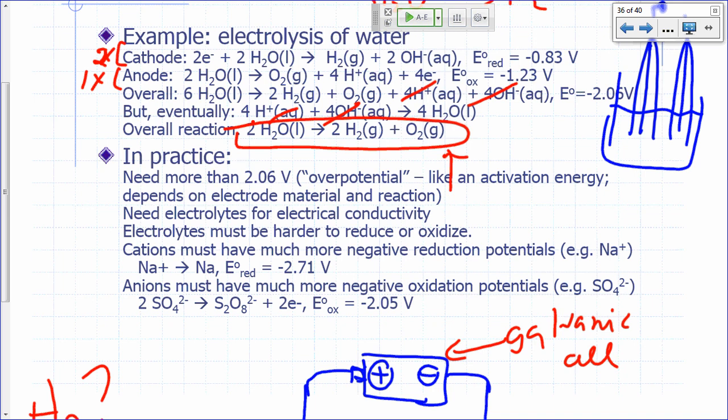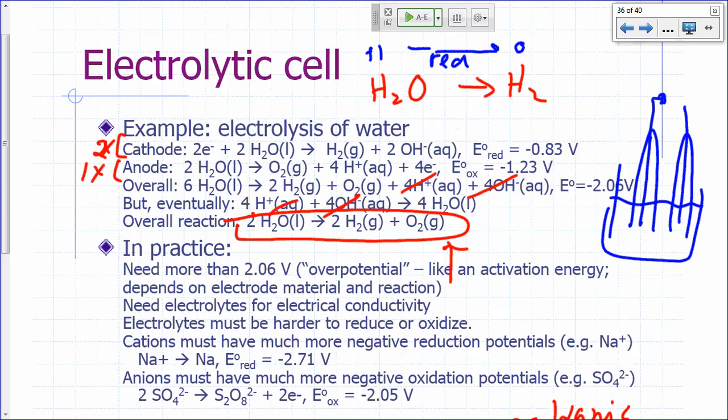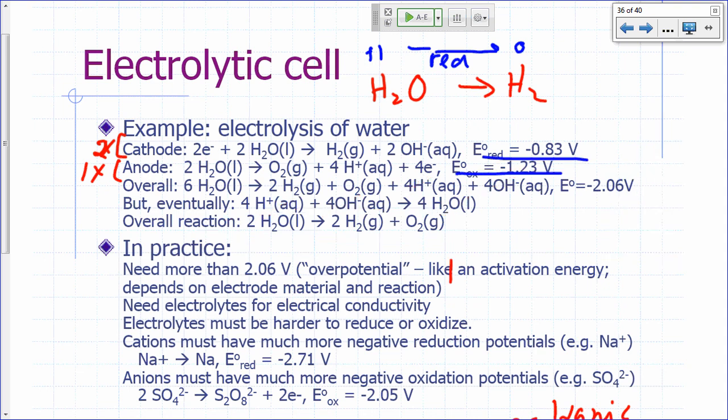Okay, so what is our overall cell potential? If you combine these two half reactions, what do you get? E reduction plus E oxidation, negative 0.83 and negative 1.23 add up to negative 2.06 volts.